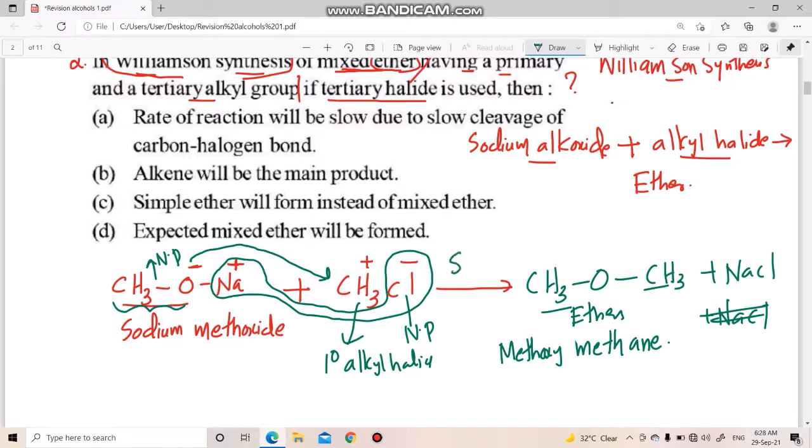SN2 mechanism. Williamson synthesis follows the SN2 mechanism, nucleophilic bimolecular. You can expect one MCQ from here: what is the mechanism behind Williamson synthesis? SN2 mechanism. Cl negative is a nucleophile, and methoxide also acts as a nucleophile. Clear?